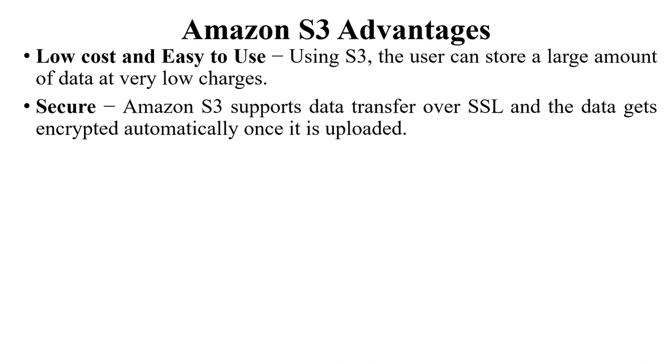Not only that, we can also manage who can access, upload, or download the objects. Access control is very, very important, and we can handle all of it with Amazon S3.